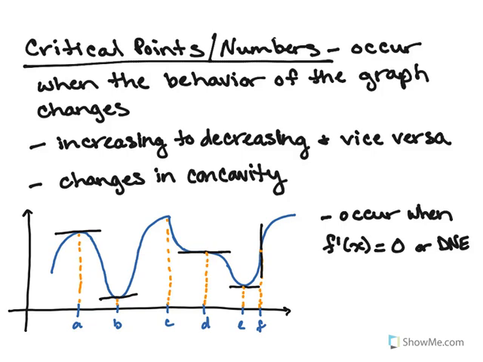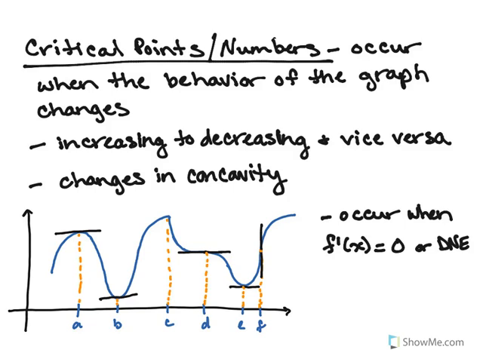Okay, so we're going to have to find critical points or critical numbers. And we're going to define this a little bit differently now. Those occur when the behavior of the graph changes. So it can change by going from increasing to decreasing, or vice versa would be from decreasing to increasing.